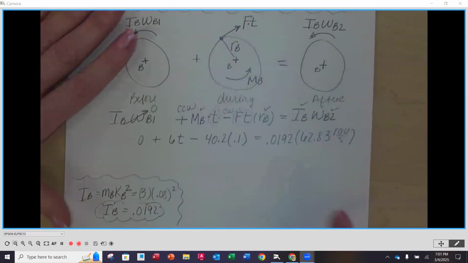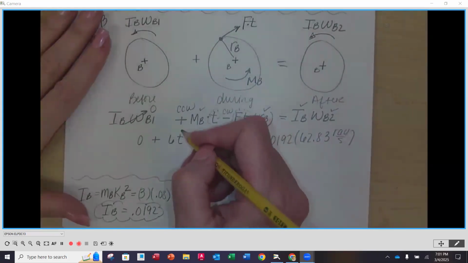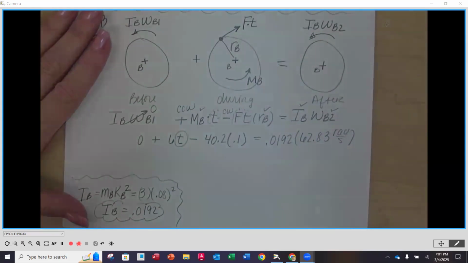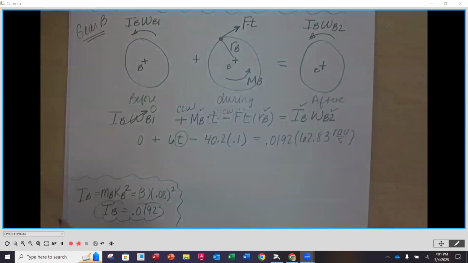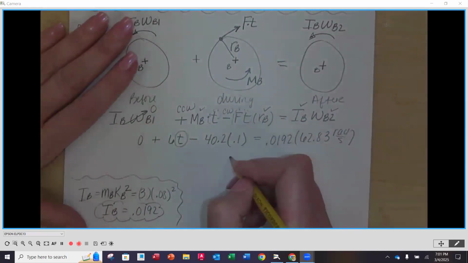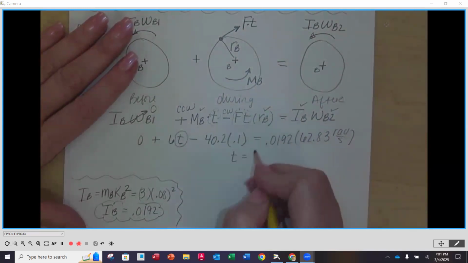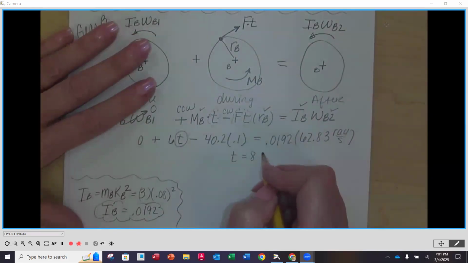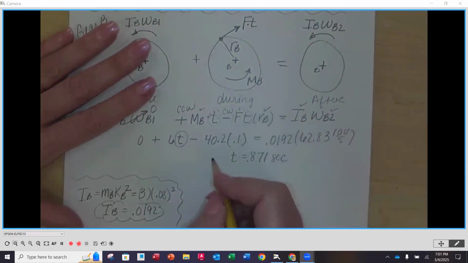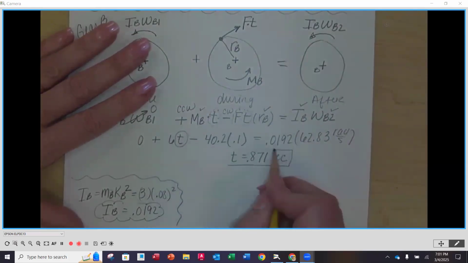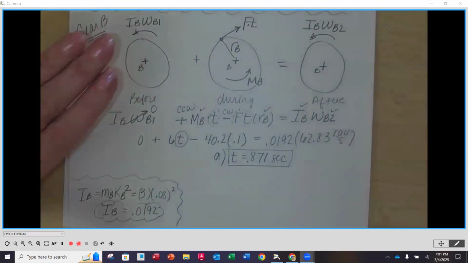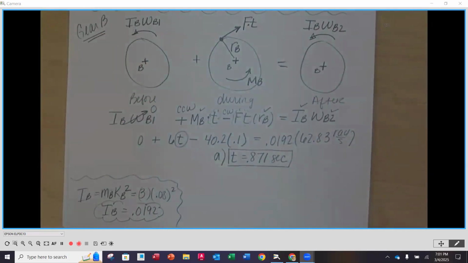Now our only unknown here is T. So go ahead and solve for T. We get 0.871 seconds.